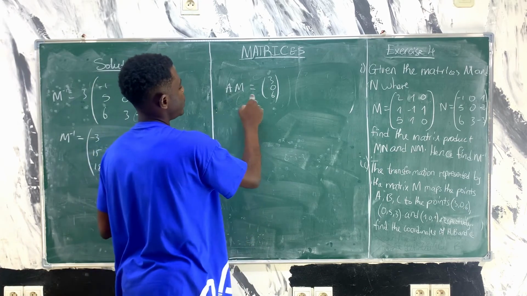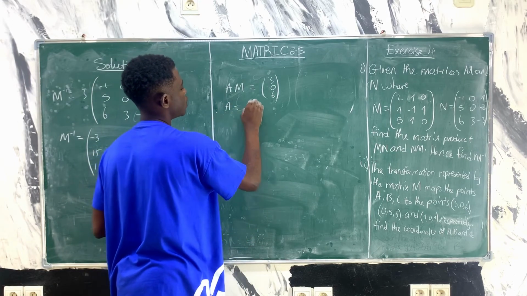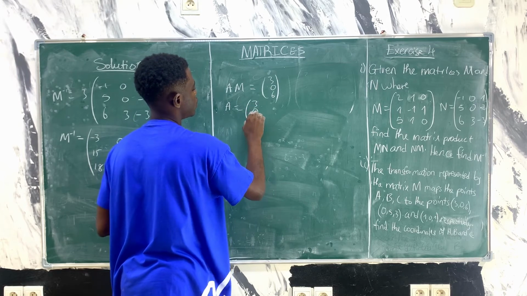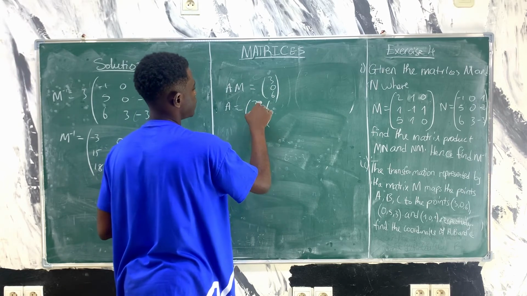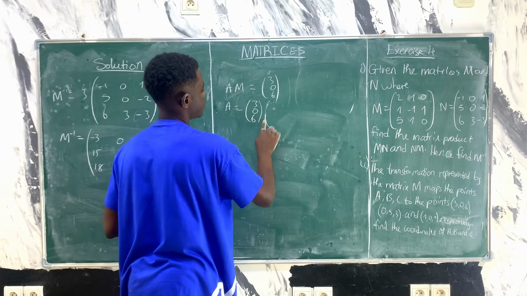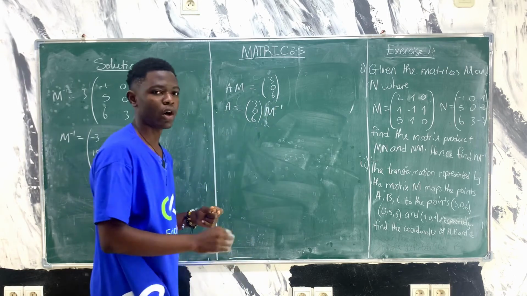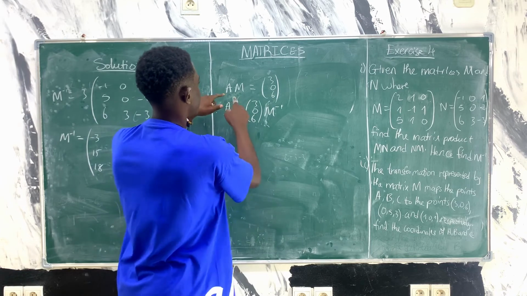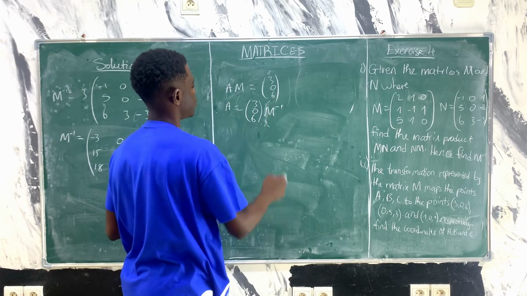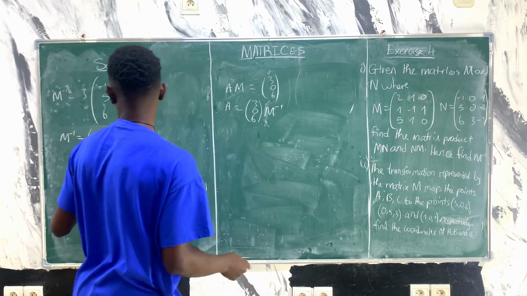So to find A, I'll just do A is equal to 3, 0, 6 times M inverse. If I multiply by M here, the M is going to come here as the M inverse. So my M inverse is this.